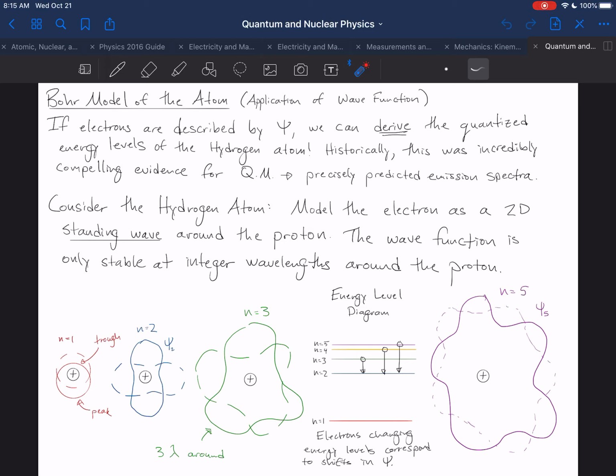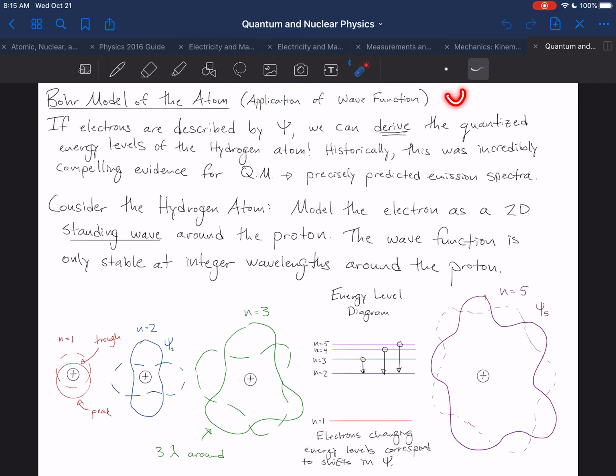Often it's introduced in chemistry with electron shells, but basically any quantized energy level model stems from the original Bohr model of the atom. And we're going to study it in depth, in part because it is arguably the first major application of the wave function.